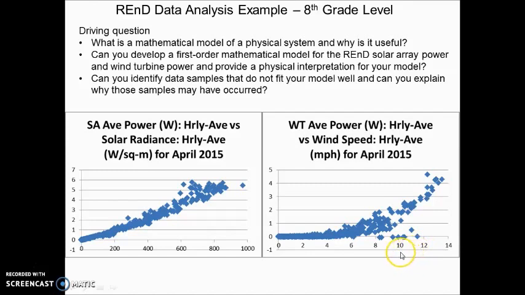Students should be directed to consider that systems are complicated, and that the energy system is under the influence of a number of factors, not only environmental, but also hardware and software factors that collect that data. There's a very good reason for this data point at almost 12 miles an hour.